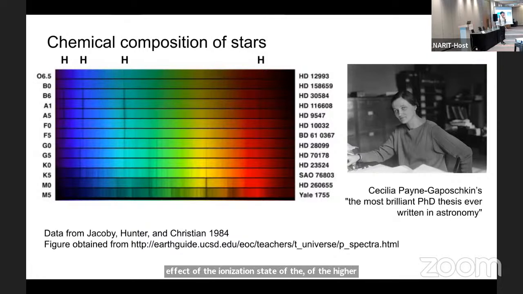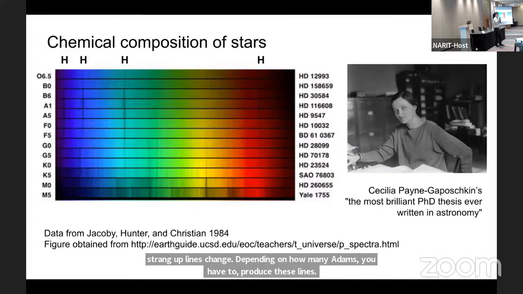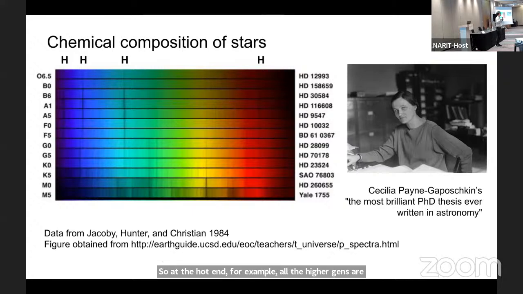The overall amount of hydrogen is the same in all of these different spectral types. But what happens is that at different temperatures, the strength of lines changes depending on how many hydrogen atoms you have to produce these lines. So at the hot end, for example, all the hydrogen is ionized, so there's nothing to produce lines.